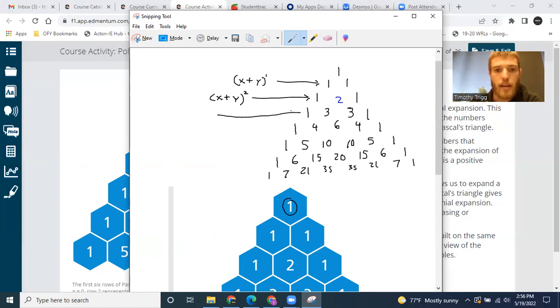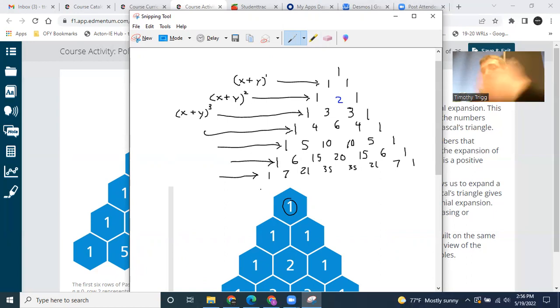You would use this layer for x plus y, I think you already know what I'm going to say, to the power of 3. You would use this layer for the power of 4. You would use this layer for the power of 5, power of 6, and this layer for the power of 7. If I need to the power of 8, then I just make another layer. Okay, so you can always just make this thing taller just by creating another bottom layer. Okay, and as you can see, the layers get bigger as you go down.